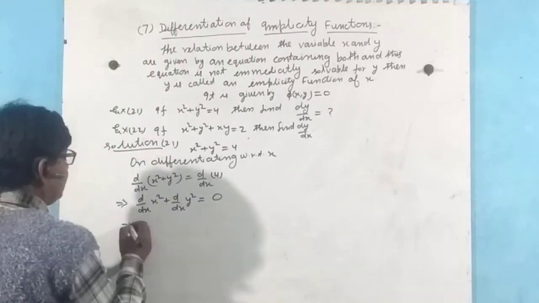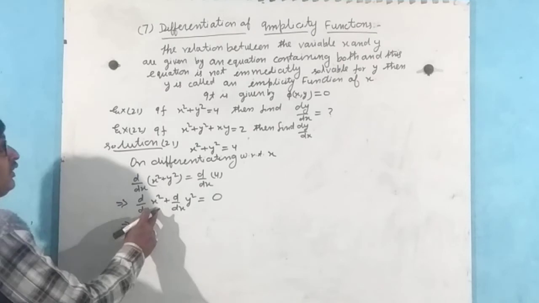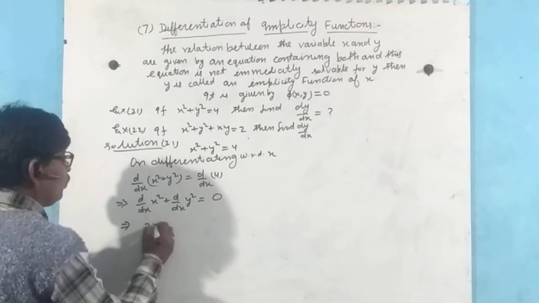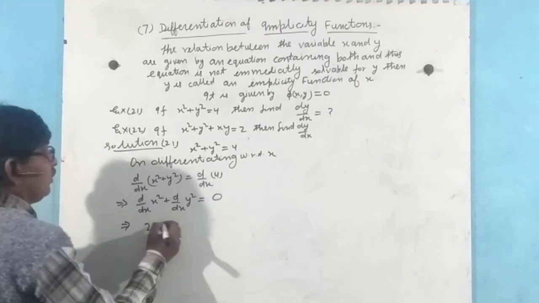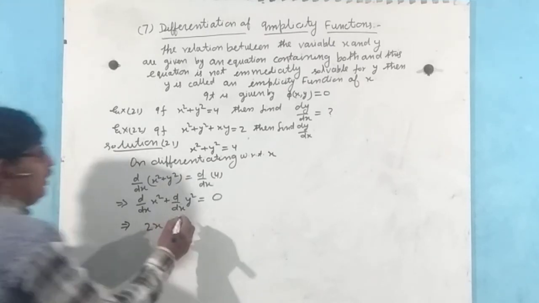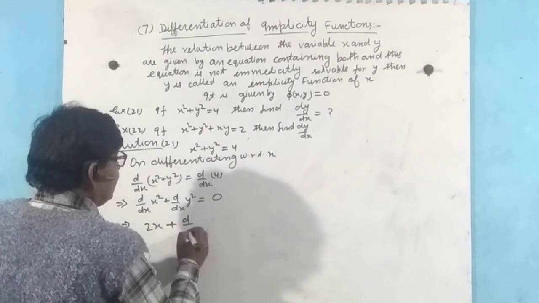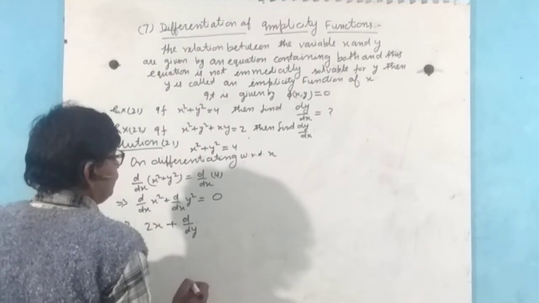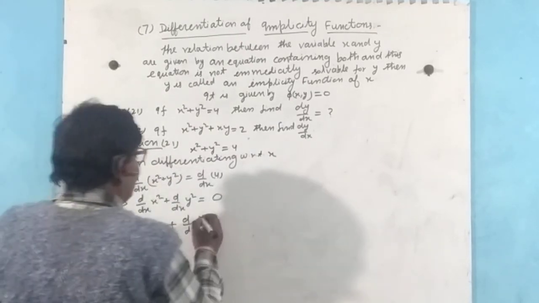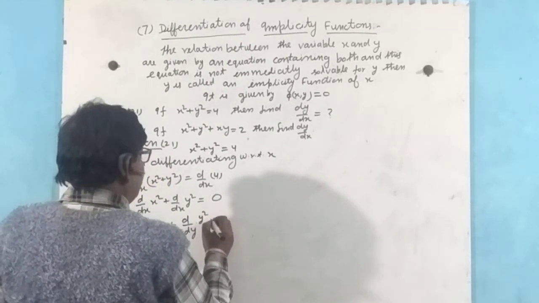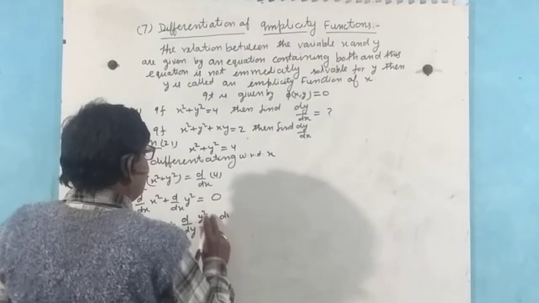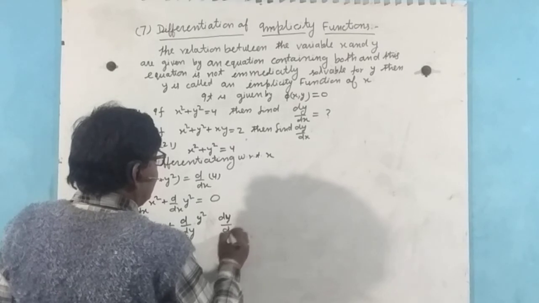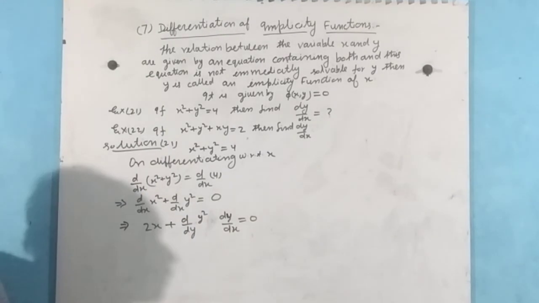Now d of x to the power n is n x to the power n minus 1, so that this is equal to 2x to the power 1 plus this can be written as d by dy of y square into dy by dx equal to 0.